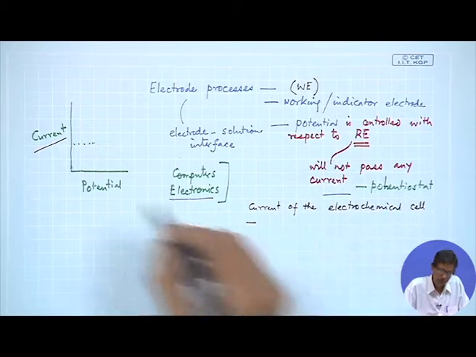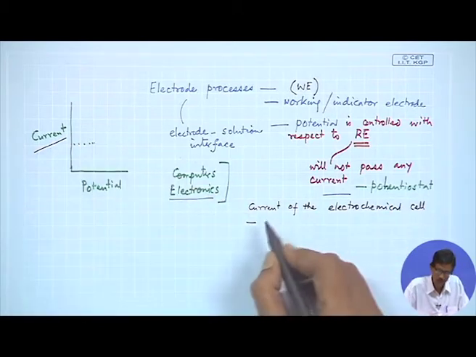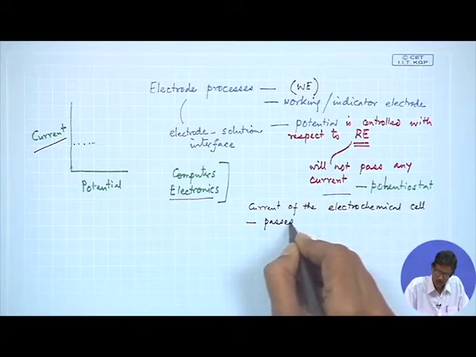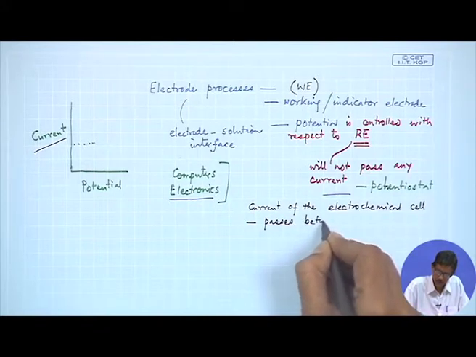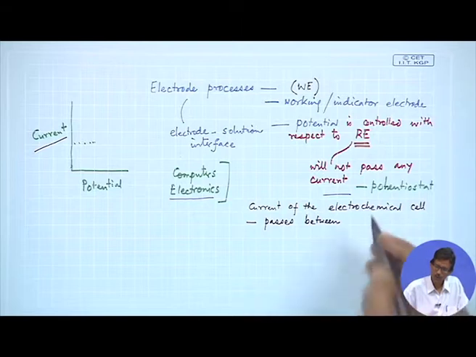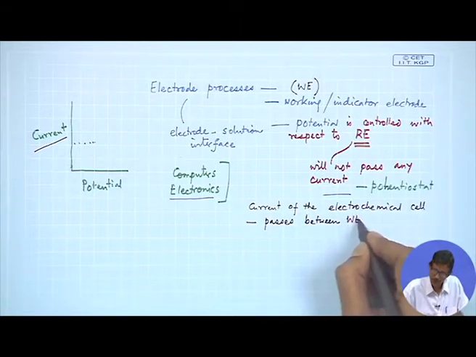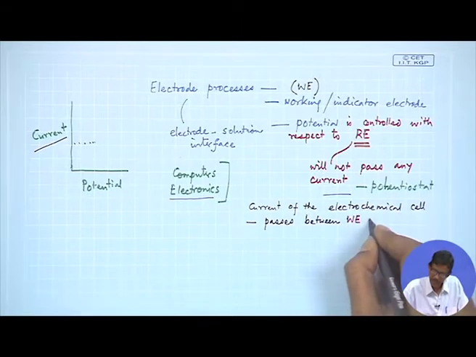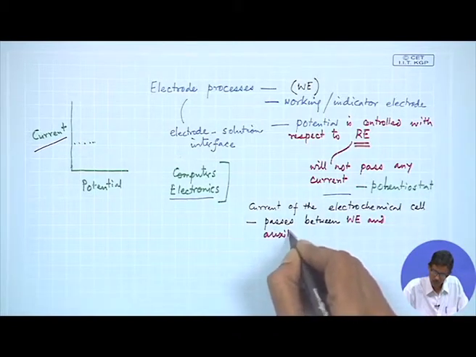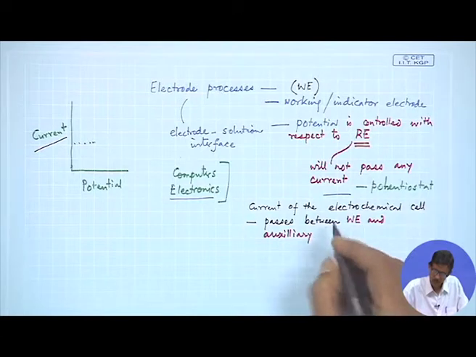The current we are going to measure for this type of plot passes between the working electrode, because we definitely have the current there, and the auxiliary electrode, or counter electrode.